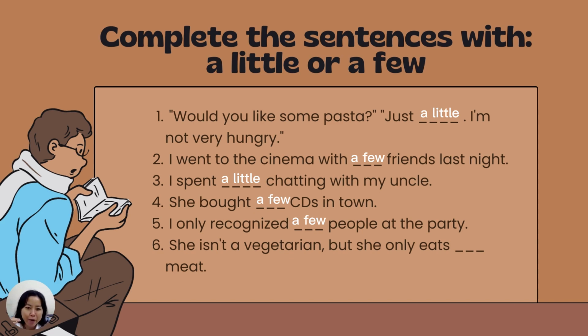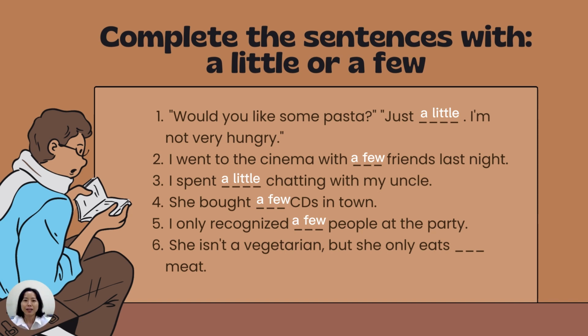Now we have the noun meat. Very good. In your opinion, is meat uncountable or countable? All right. So meat is uncountable. We cannot separate it.